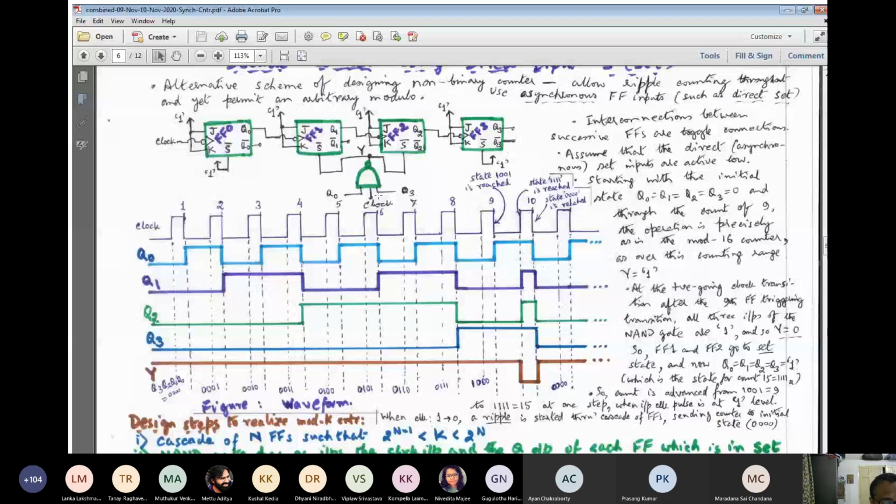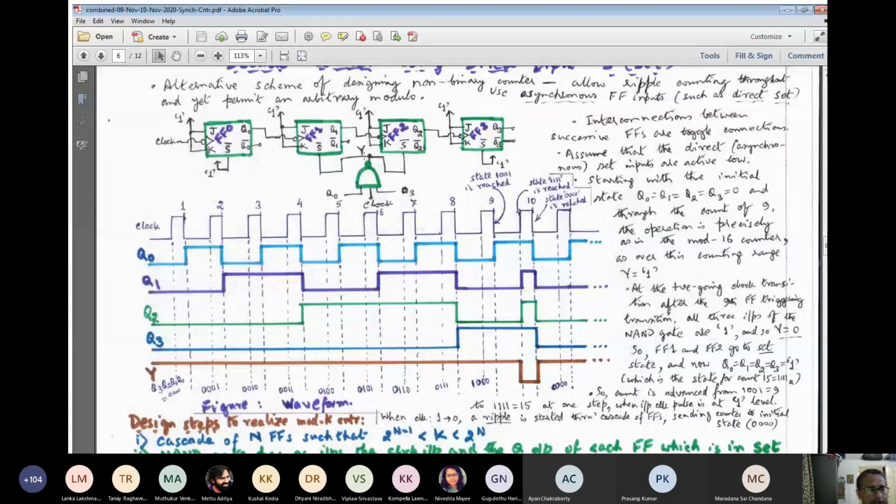It has become 1 only here. From this point onwards, Q0 and Q3 have become 1, but the clock is 0 because this is the off time of the clock. So hence the output is 1. It will become 0 only after the rising transition of the clock.